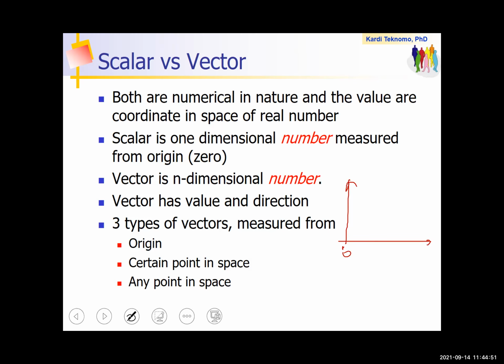I will use another color for the vector. So your vector is starting from the origin, right? But you can also have another vector here, which is exactly the same length and the same direction at any certain point in space.